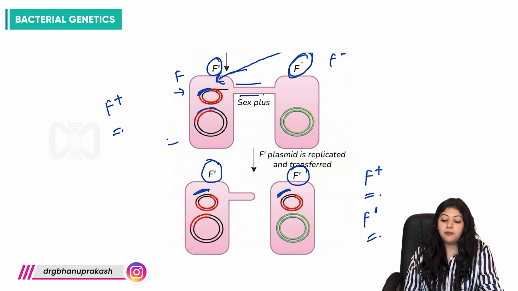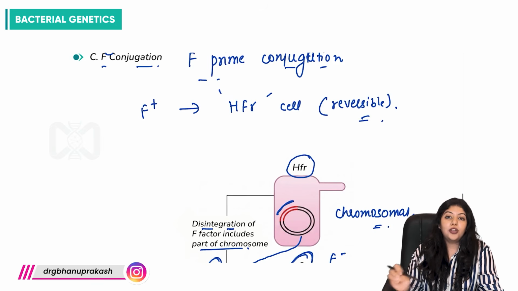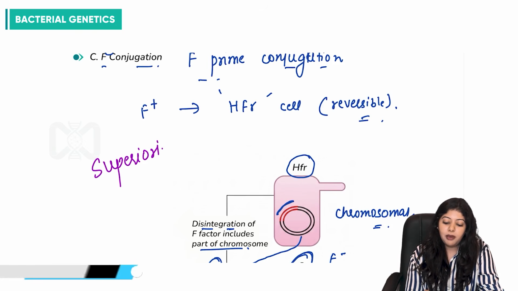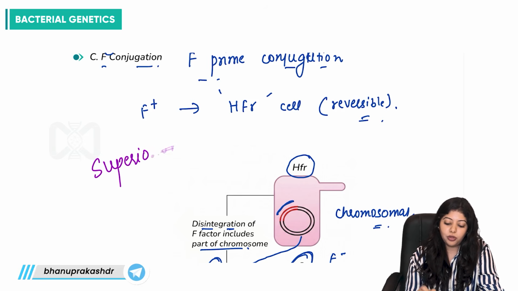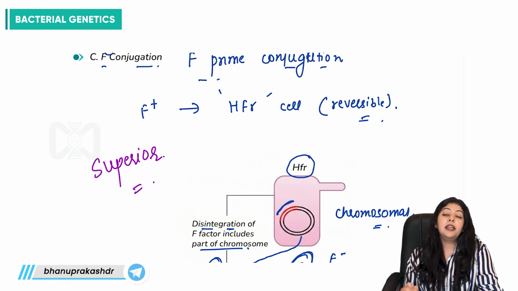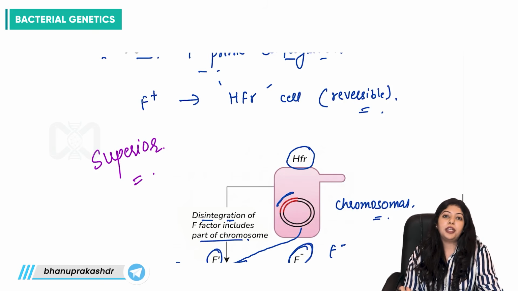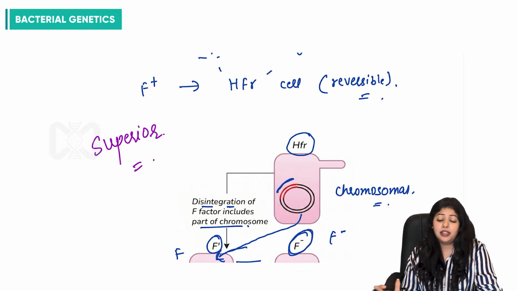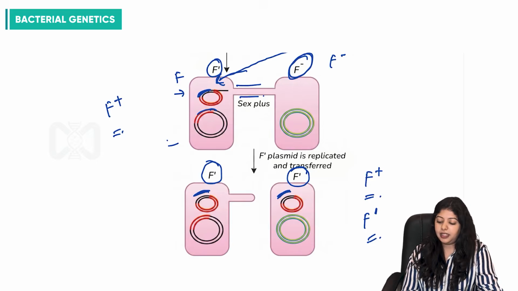Why is it prime? This particular conjugation method is not just considering itself superior, it is originally superior, because it actually has some chromosomal DNA in the plasmid, and this chromosomal DNA has been transferred. That is why these are prime bacteria, right?